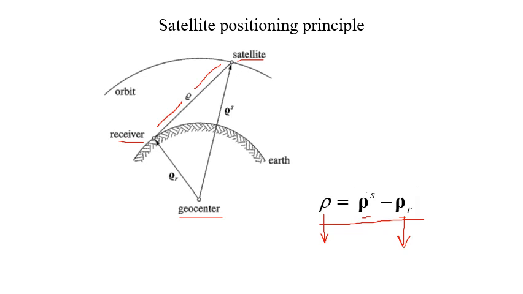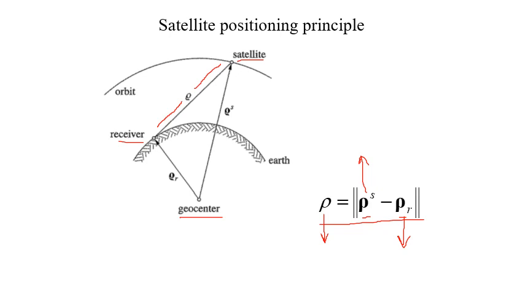And the rho s is the satellite's location vector, and this vector must be known, and thus, by using the adjustment principle or the parameter estimation principle, I can easily solve my receiver's position. For this purpose, the satellites should send two types of data to the receiver.